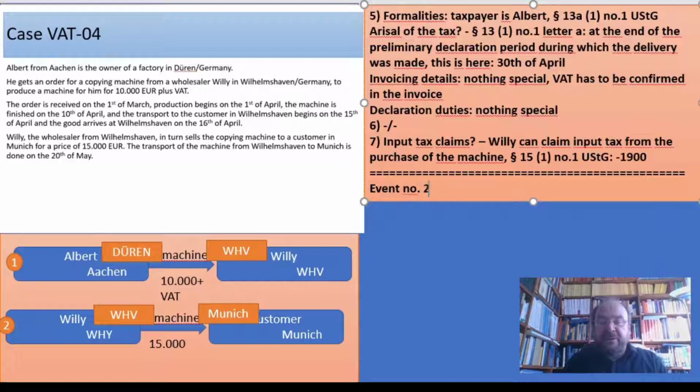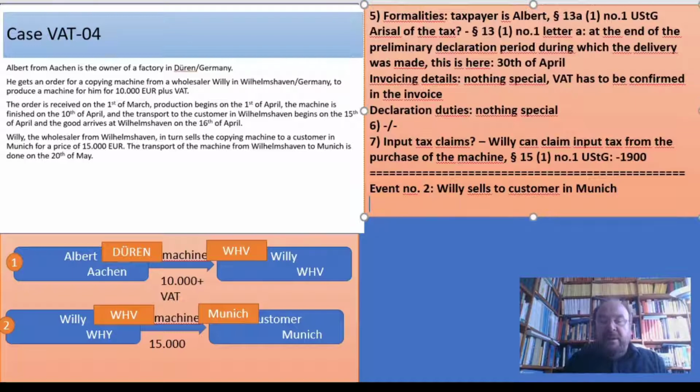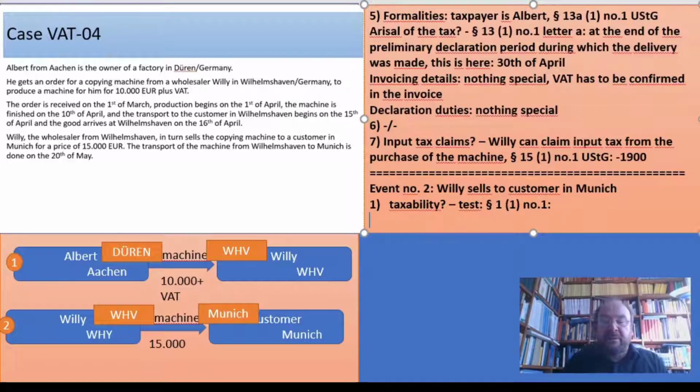Now event number 2. Willie sells to customer Munich. Again, the taxability is the important question. Test paragraph 1. Now number 5, intercommunity acquisition is not possible, so the remaining number is number 1. And we begin again with, is it an entrepreneur? This time it's Willie, and the answer is yes.